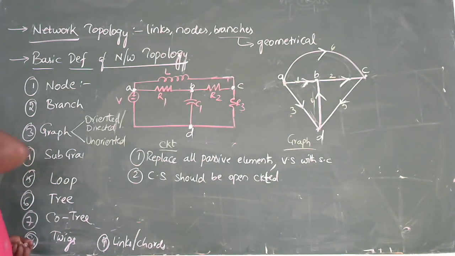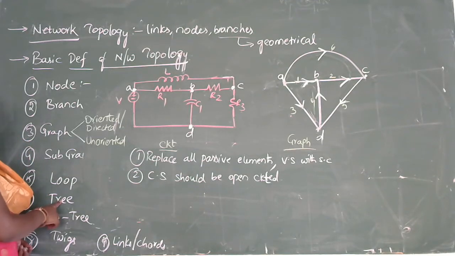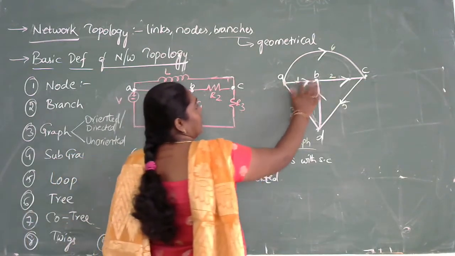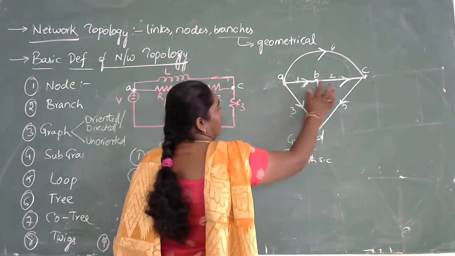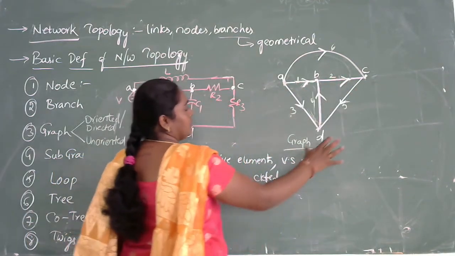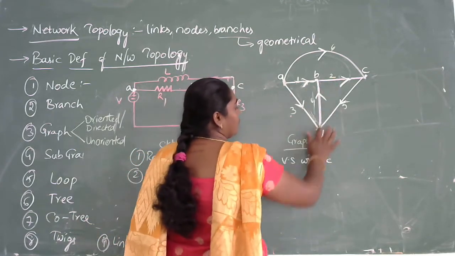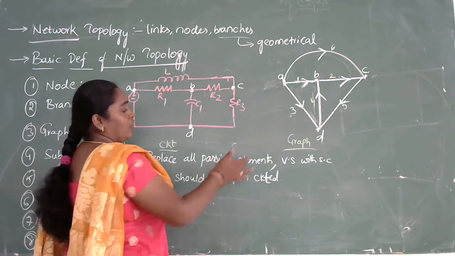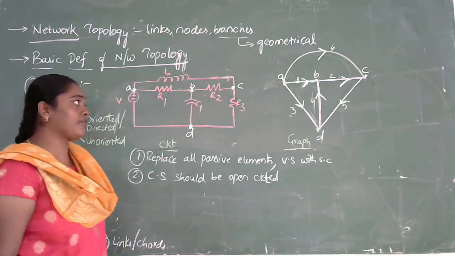Now let us see the tree. A tree should consist of all the nodes present in a graph. So the first property of a tree is, in this case, as the graph consists of 4 nodes, that is A, B, C, and D, it should consist of all the nodes of the graph, but fewer than the number of branches present in the graph.